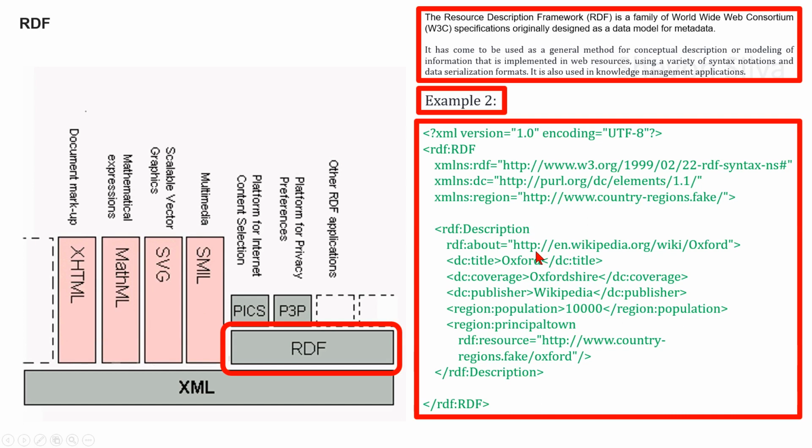There's no point in saying you are going to describe something, giving it a unique ID, but not describing anything about it. RDF statements describe the characteristics of their subjects using properties, or predicates in RDF terminology.